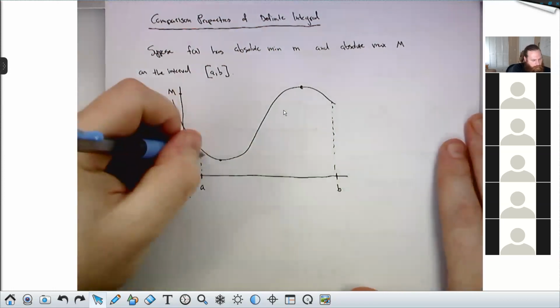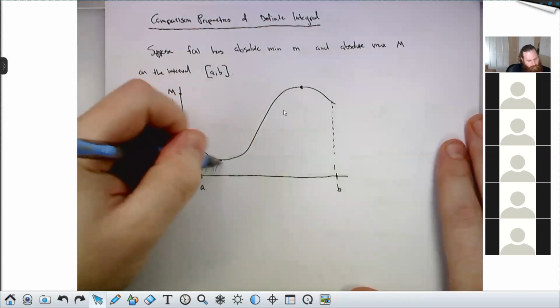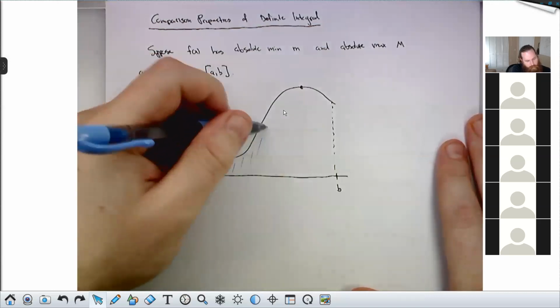Then the actual area here, which I'll shade in blue, obeys an inequality.